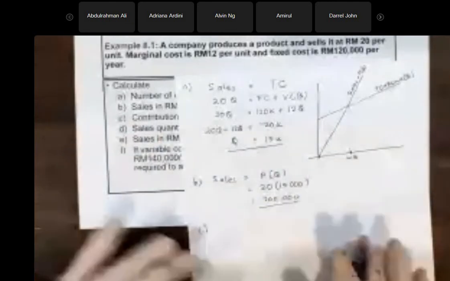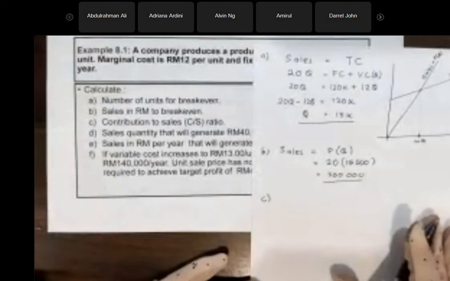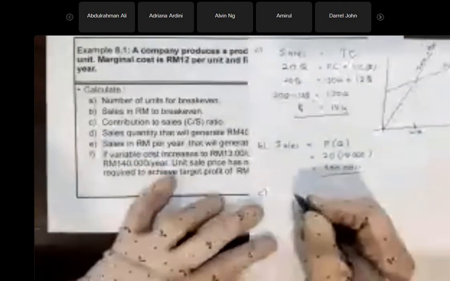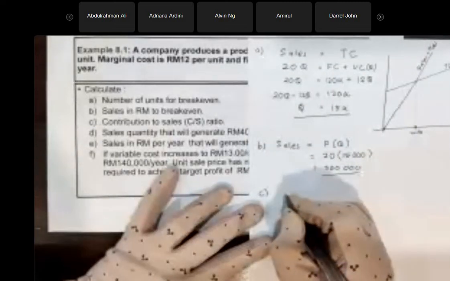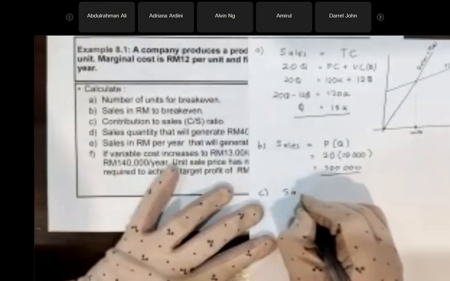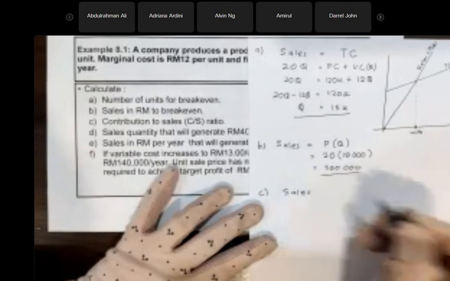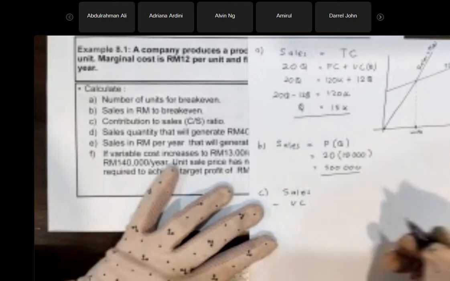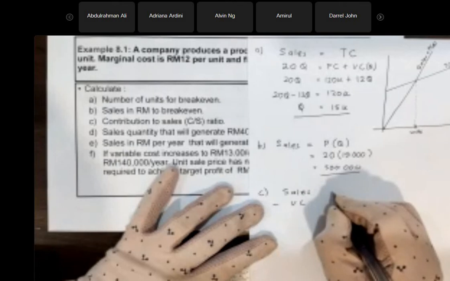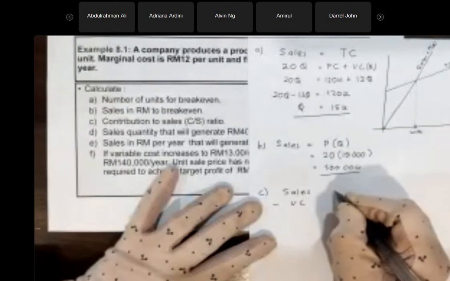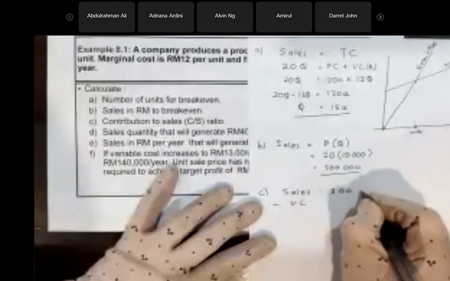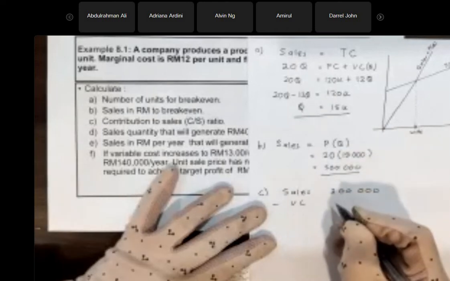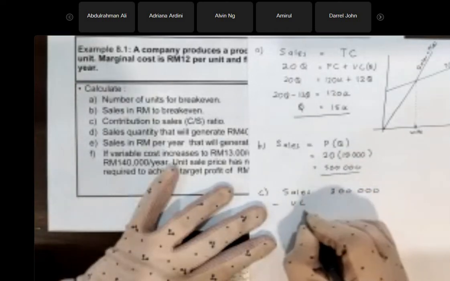Go to part C. Okay, contribution to sales. This part you have to use the account format. Sales minus variable cost. Your sales is 300,000, and your variable cost you have to calculate.